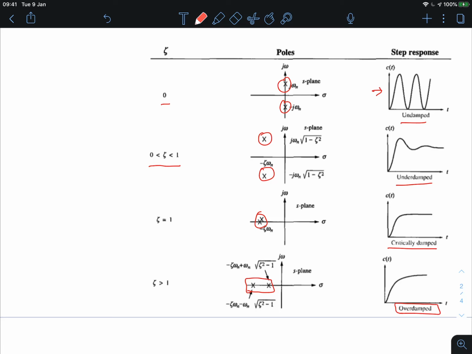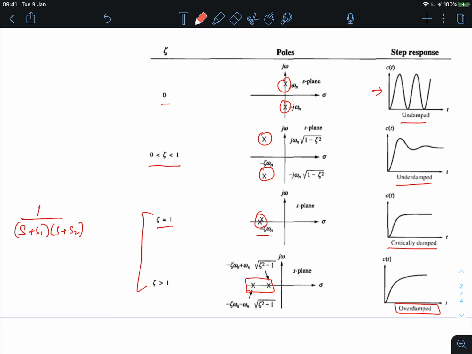The important thing in all these responses is that particularly for xi equal to 1 and xi greater than 1, the response is almost like the first order response we studied for the first order system. The reason is pretty simple. For xi equal to 1, since we have repeated poles, this can be represented as s plus s1 and s plus s2.